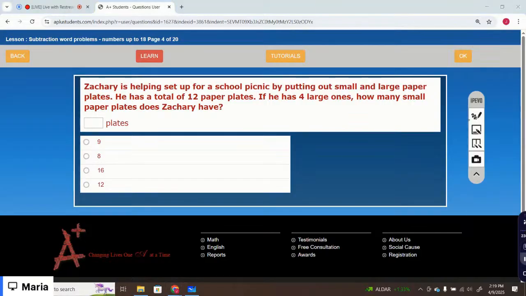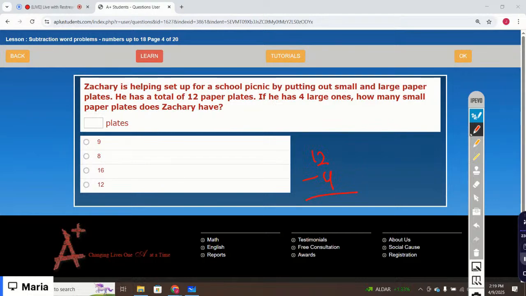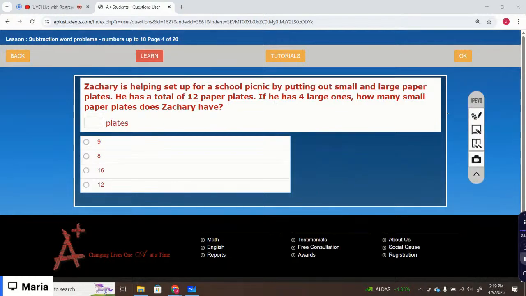So 12 take away 4 is, you need to count how many small plates he has because he has 4 big plates. So 12 take away 4 is 8. Option number 2 is the correct option. That is 8.